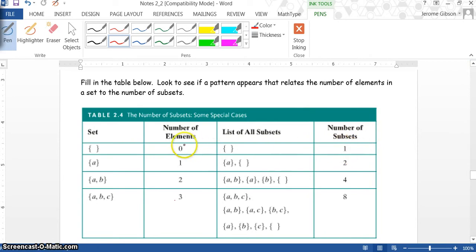When it says that it's a power of 2, basically it's saying this: the number of subsets is 2 to the power of the elements. 2 to the 0 is 1, 2 to the 1 is 2, 2 to the second is 4, and 2 to the third is 8. So the number of elements is the exponent, and we take 2 to the power of the elements, and that gives us the subsets.